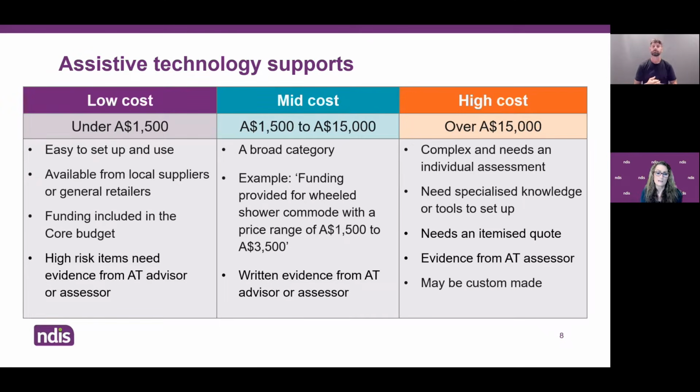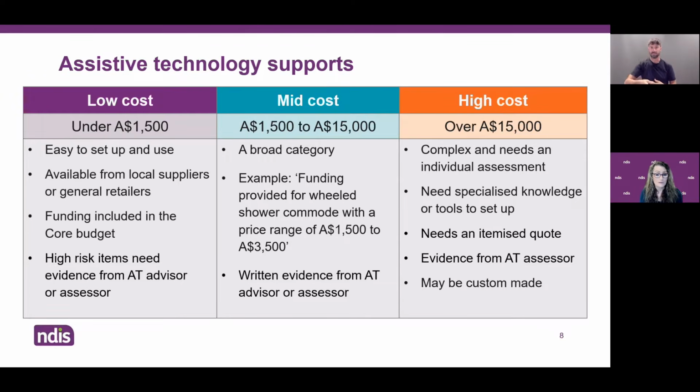Mid-cost AT funding is included in the capital budget in a participant's plan. This will generally be a broad category. For example, the plan might say funding provided for a wheeled shower commode with a price range of $1,500 to $3,500.